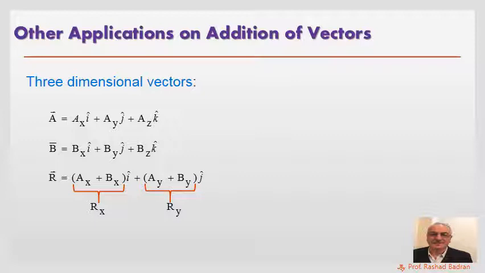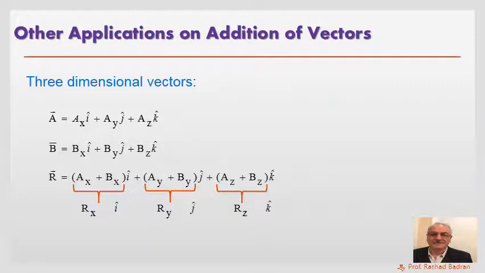In the same manner, the coefficients of k hat, which represent the z components, can be added, and this gives the z component of the resultant. Again, the x component must be accompanied with i hat, and the y component with j hat, and z component with k hat.